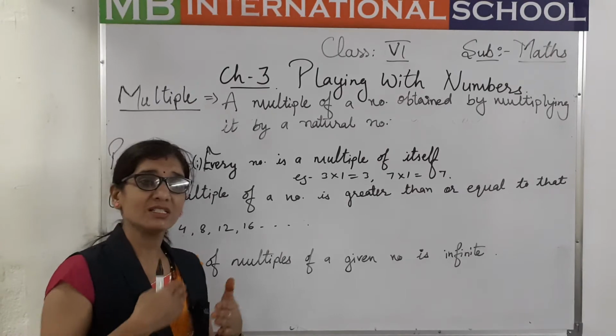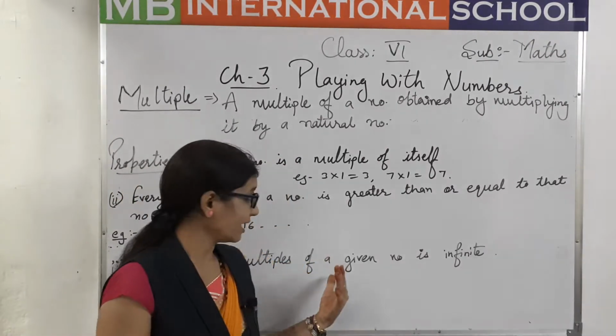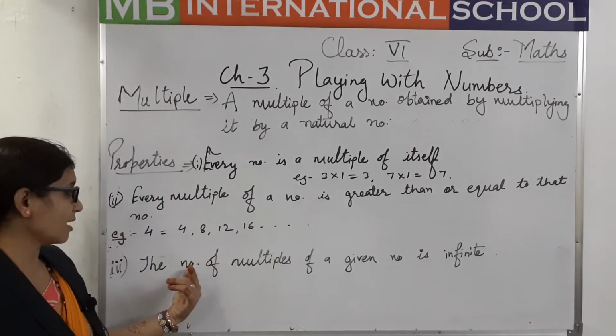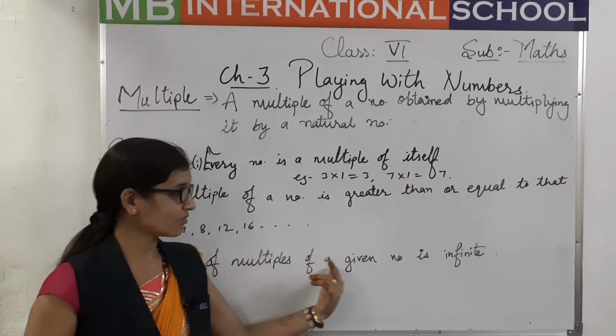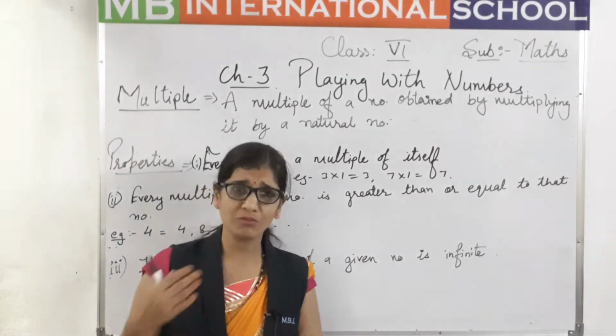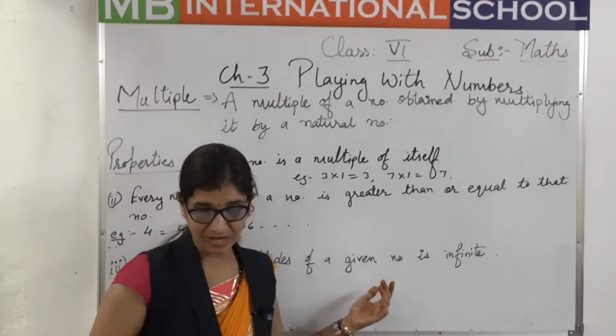So the multiples are infinite. This property is applicable to multiples: the number of multiples of a given number is infinite. We can always multiply and find the product, so we can say they are infinite.